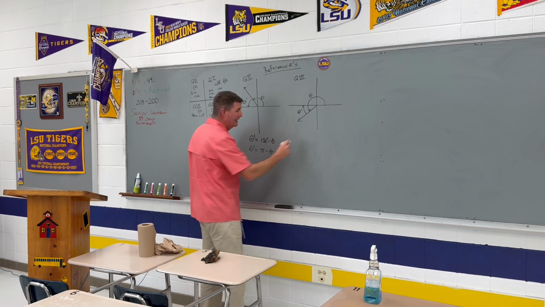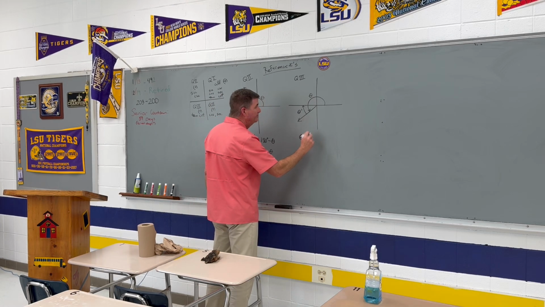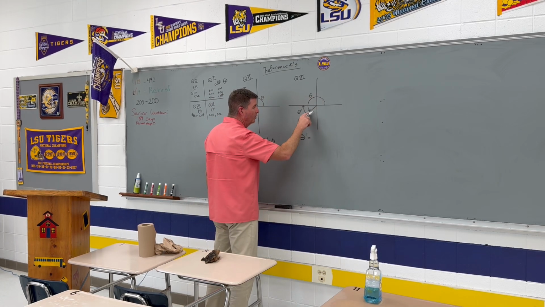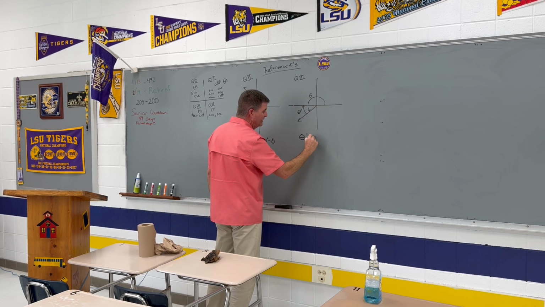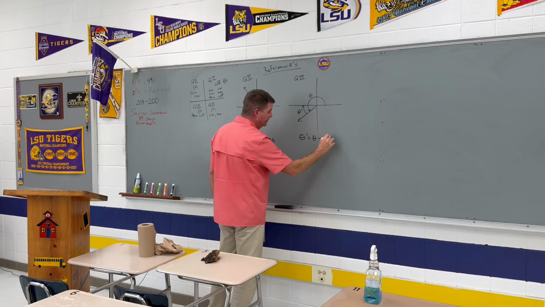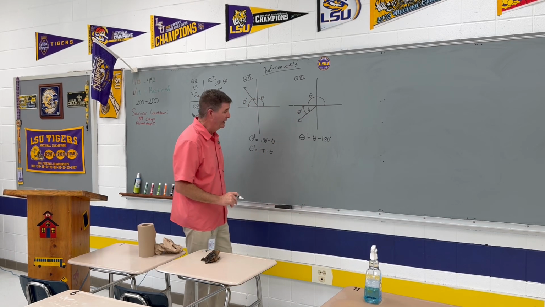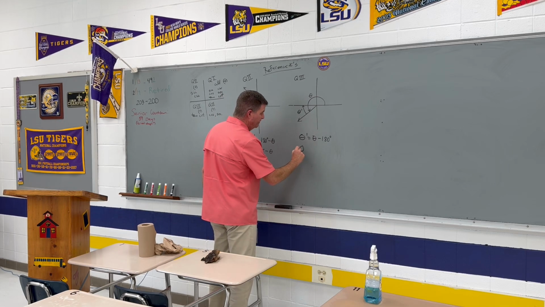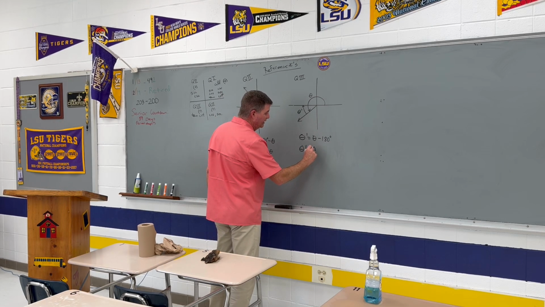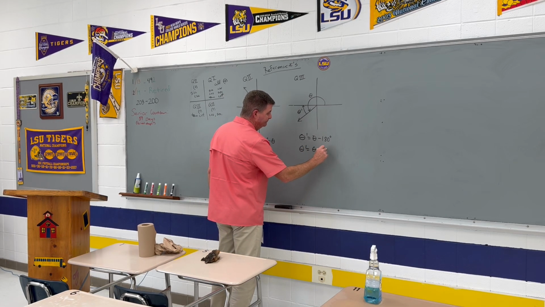And if we look at it, theta prime would be equal to the whole angle theta minus 180. So theta minus 180 degrees gives me what we need to get to the y-axis. Or theta prime would be equal to theta minus pi.